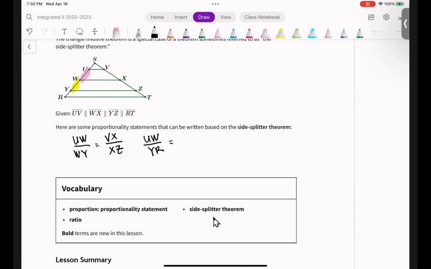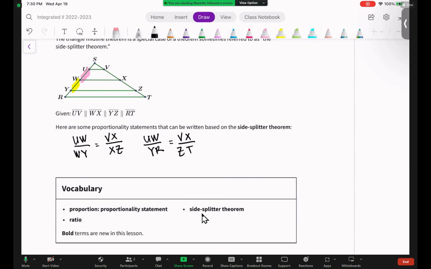What has to be on the other side? UW. Who matches up with UW? And you're like, oh, VX. Okay, good. VX. And who matches up with YR? And hopefully you said ZT. And there's quite a few more that you could do, right? Don't limit yourself. I could even talk about WR, and you're like, Miss Johnson, you're skipping over Y. That's fine, right? So make sure that you're comfortable with this one.